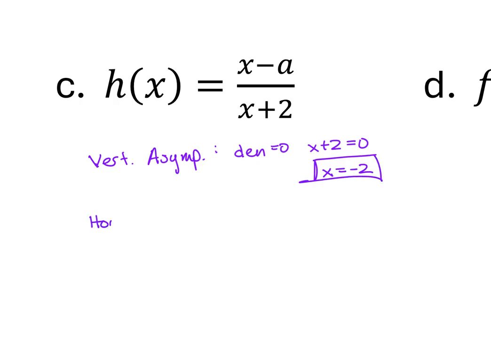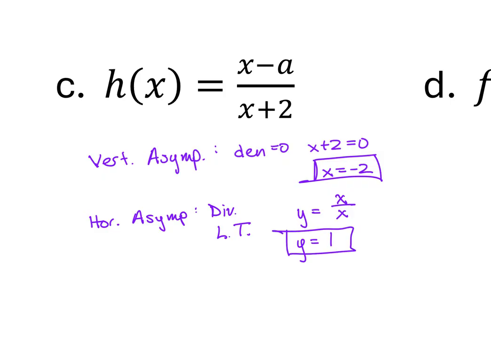All right, for horizontal, we want to divide the leading terms. And if we divide the leading terms, we get y equals x over x, and that simplifies down to y equals 1.